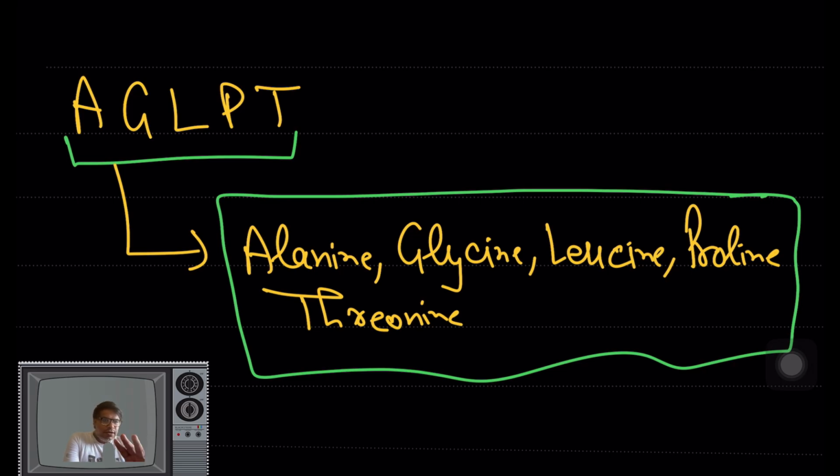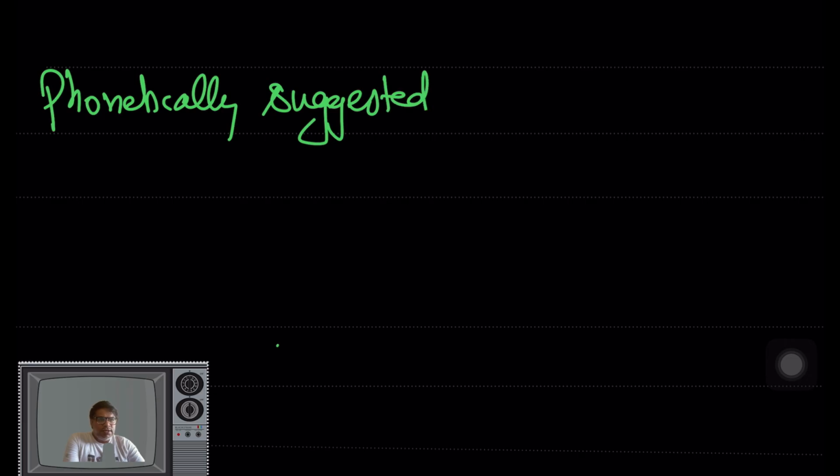Okay, so keep in mind: A for alanine, G for glycine, L for leucine, P for proline, T for threonine. Clear?